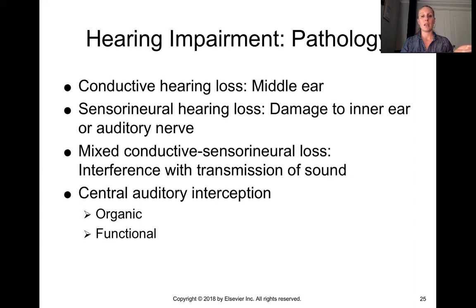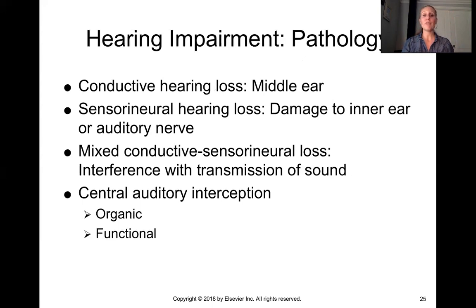Middle ear infections can damage both the conductive aspect and the nerve. So if we're having frequent ear infections, then the child needs to be seen and treated and figured out why those ear infections are happening. And then we might use tubes to prevent those frequent ear infections.